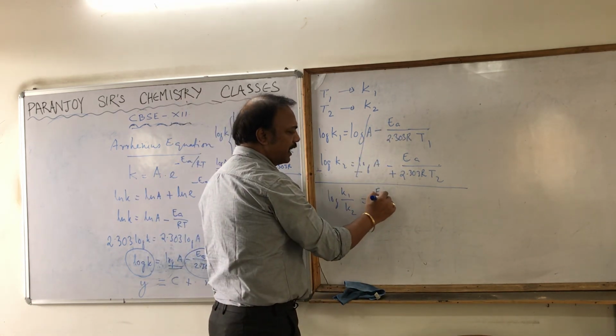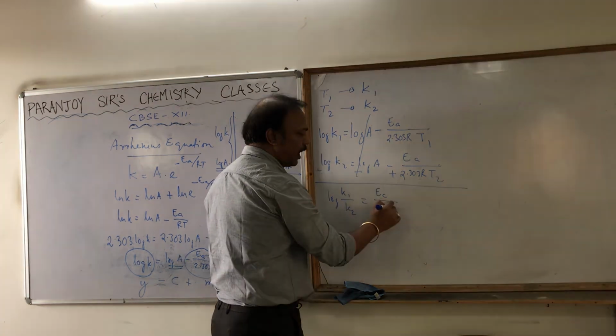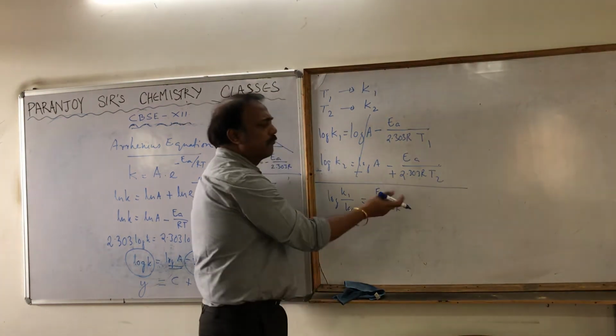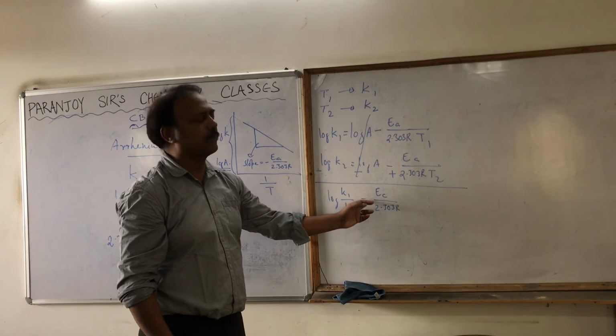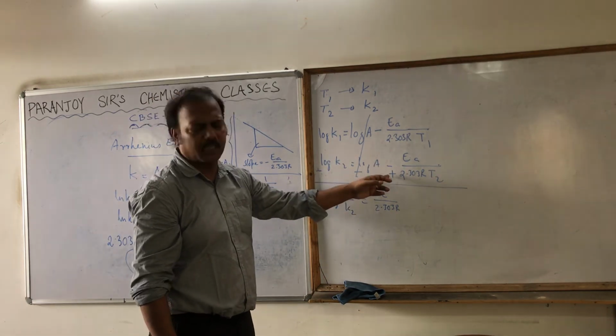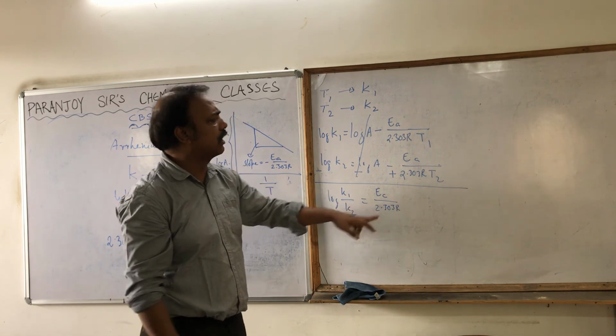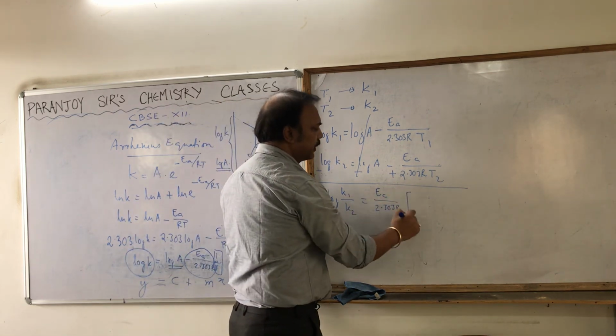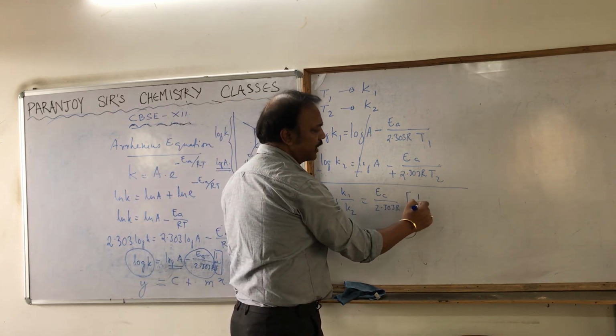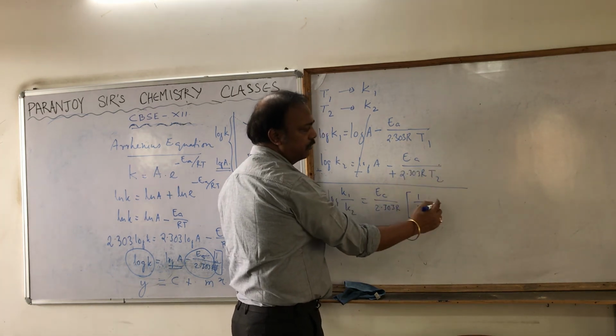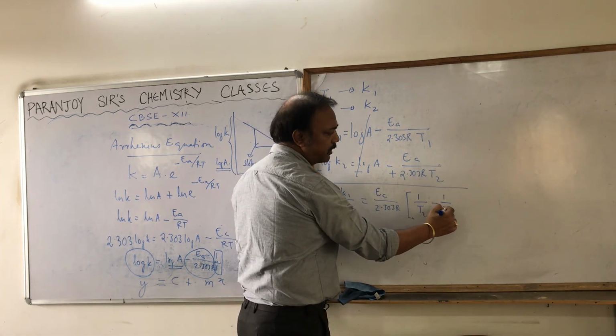Can I say EA by 2.303 R is common? If you wish to take minus common, you can. I took plus common, doesn't matter, it's up to you. EA by 2.303 R, if I take plus common, then what is left over here? 1 by T2 minus 1 by T1.